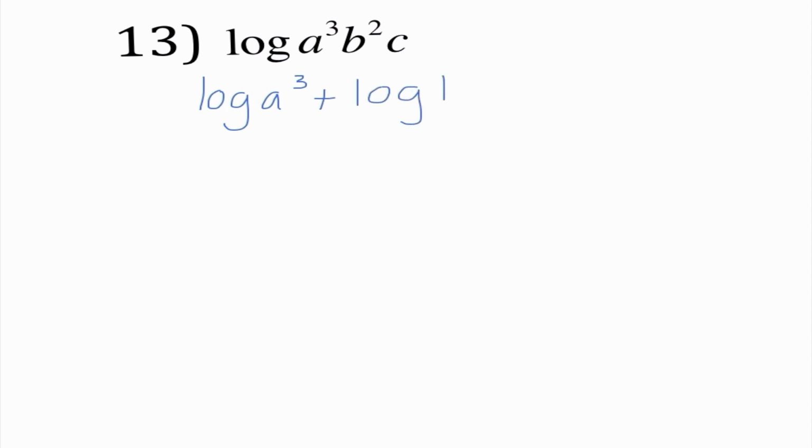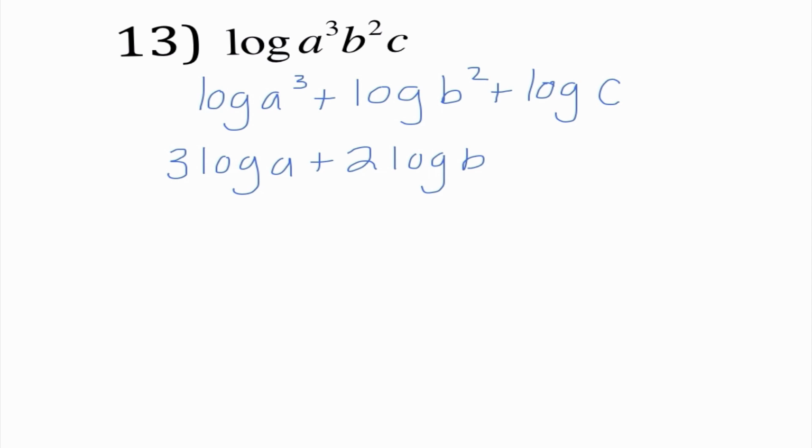So log of A cubed plus log of B squared plus log of C. Now once again, I do not have log of A or log of B by itself yet, so I need to move those exponents to become coefficients. So I have 3 log of A plus 2 log of B plus log of C. So now I can go ahead and substitute in the numbers that were given to us.